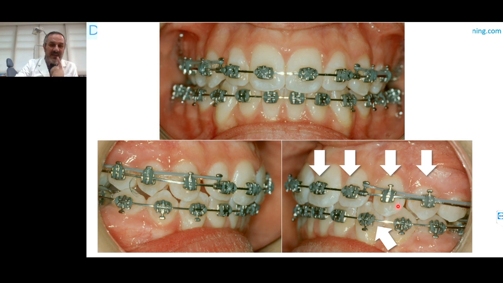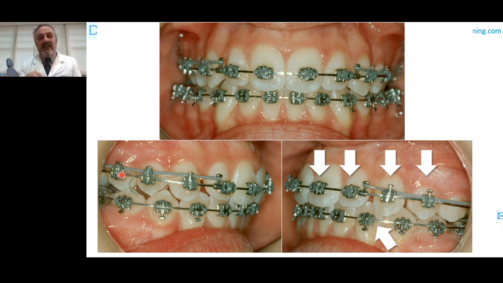We are using now, very important, we need a lot of friction in the upper incisor. For this reason, ligate the upper incisor in a figure of 8. And in the canine and premolars, we need the opposite. We need low friction because we need sliding.